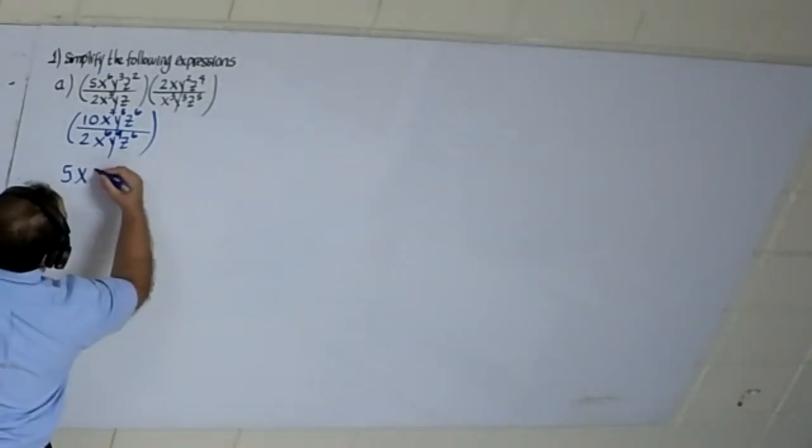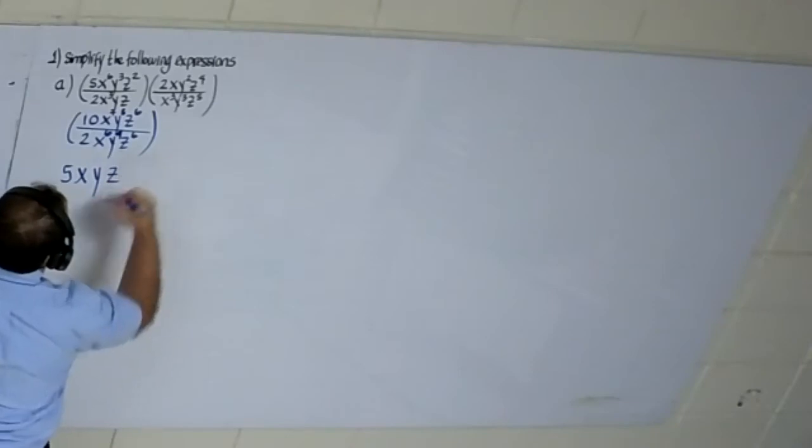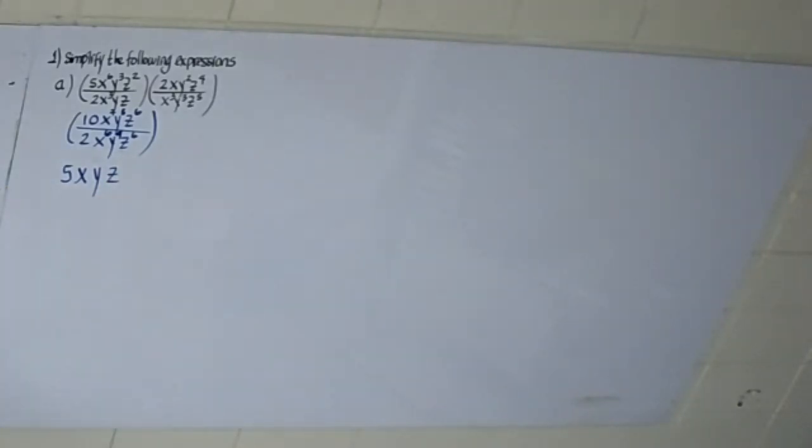X, Y, and Z, and we have to subtract the powers, okay? Because it's the rule number 2. So X has 7 over here and 6 downward. 7 minus 6 will be 1. Perfect.